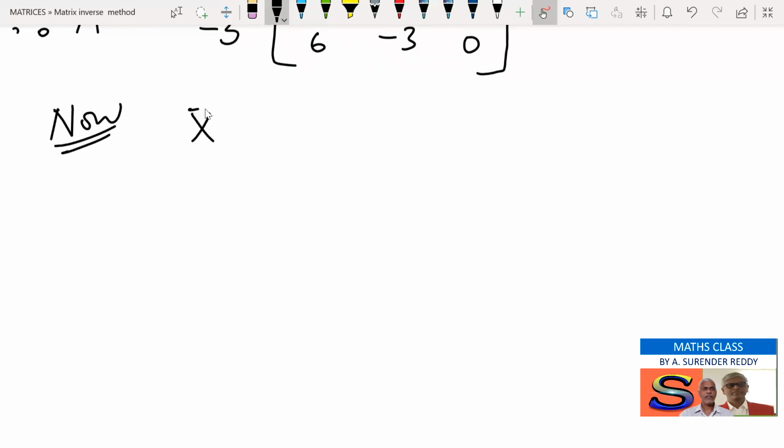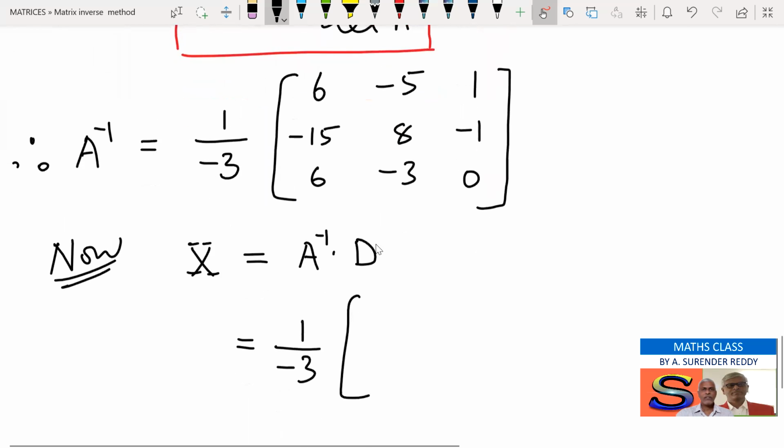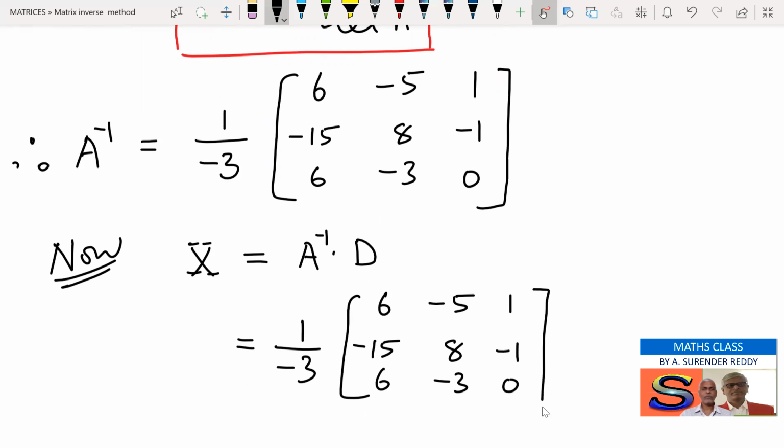The solution is the variable matrix X, Y, Z. X will be A inverse into D. So this will give the solution. Already we have the inverse, that is 1 by minus 3 into 6 minus 5, 1, minus 15, 8 minus 1, 6 minus 3, 0.